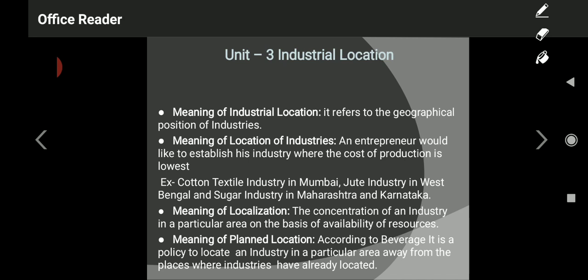According to Beveridge, it is a policy to locate an industry in a particular area away from the places where industries have already located. It is nothing but when you are going to locate an industrial unit, before locating it, you are observing the surrounding area of that particular location, for example, whether other industries are located earlier or not.